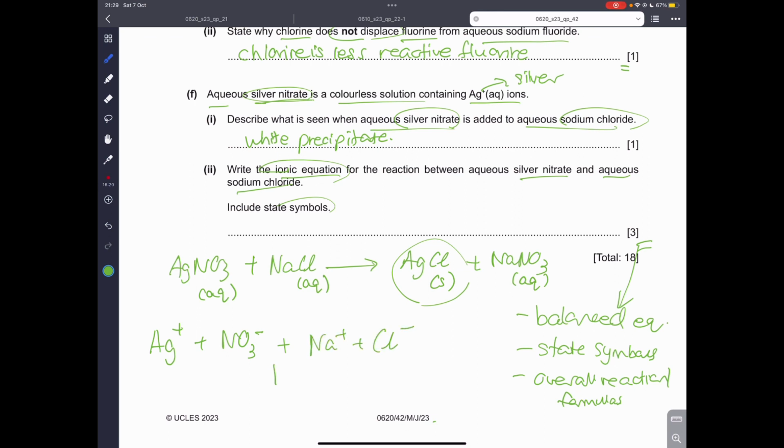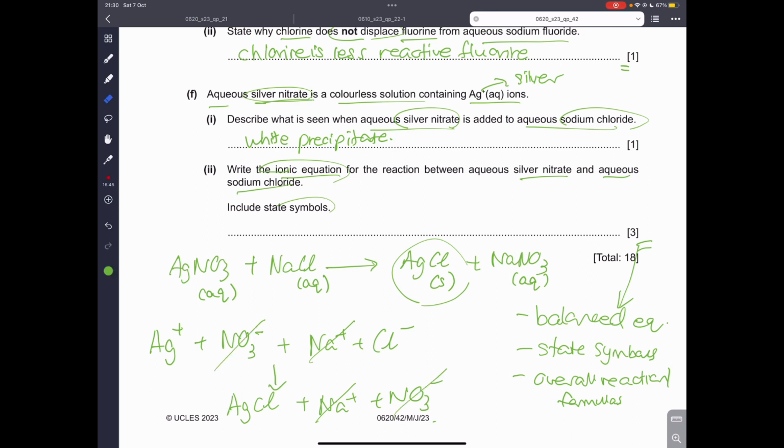This is going to give us AgCl, which is solid, so we cannot convert the solid into ions because ions cannot be separated in the solid state. And the Na plus and nitrate, we can cancel out the same repeating ions. So Na cancels out, NO3 and NO3 cancel out.